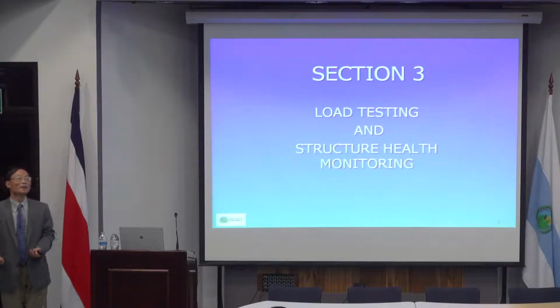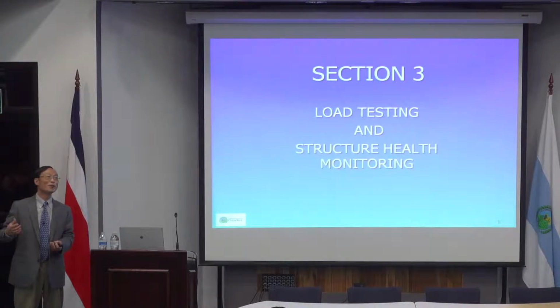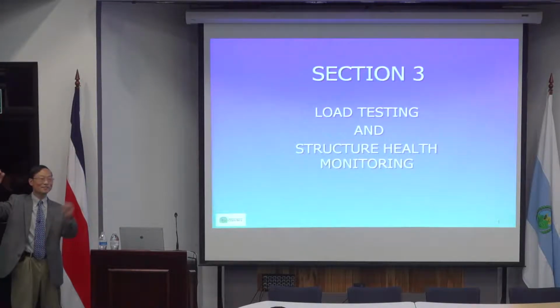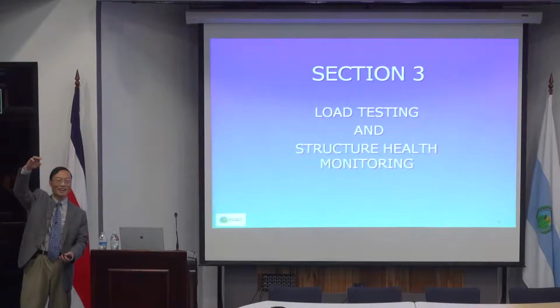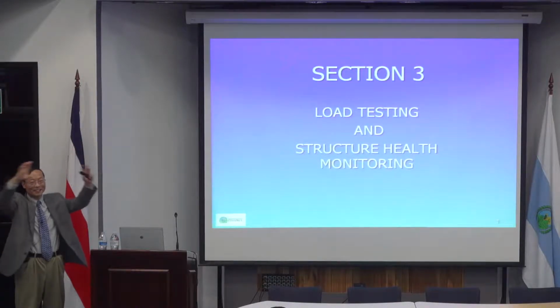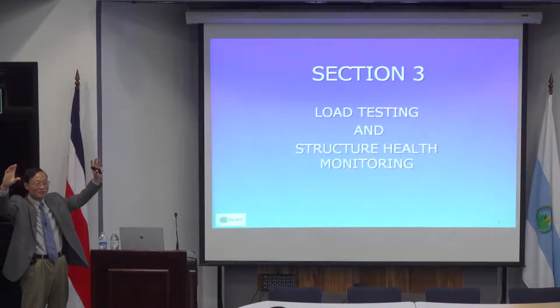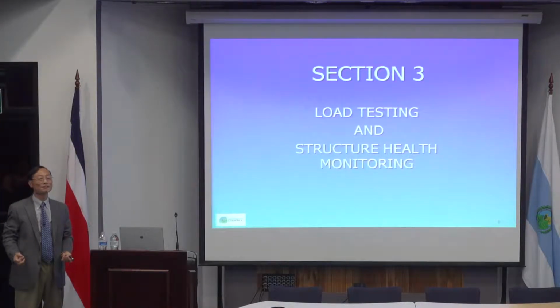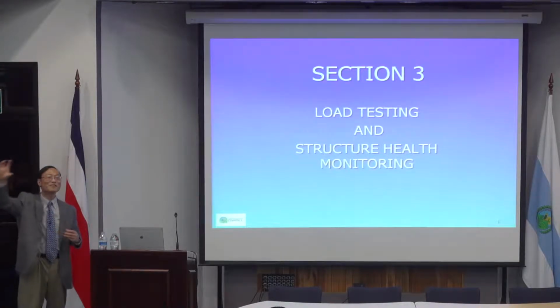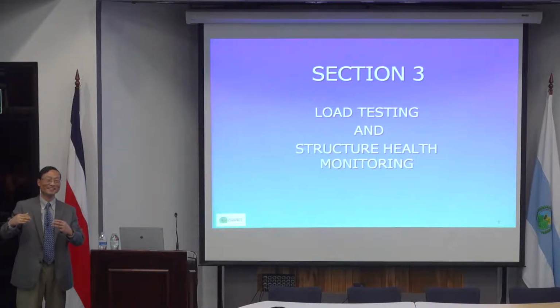Actually, some people explore that possibility and say, okay, maybe I just use it, since my load test indicates it's actually a composite section, because my neutral axis is much higher. So when I calculate my bending, my concrete deck is part of the compression zone.